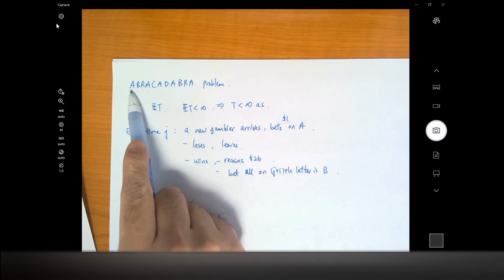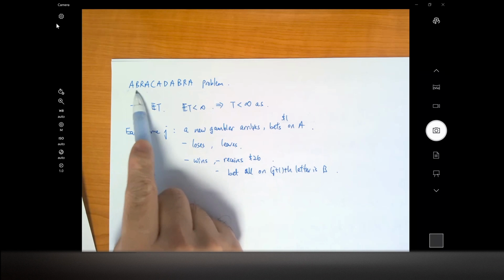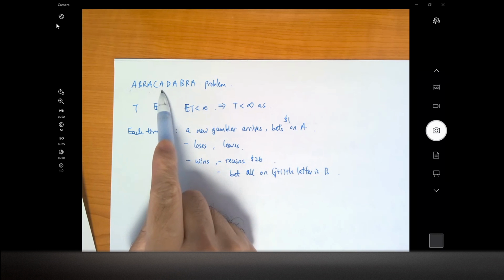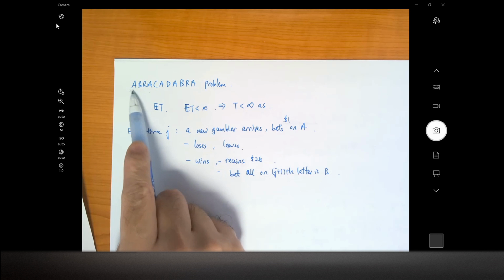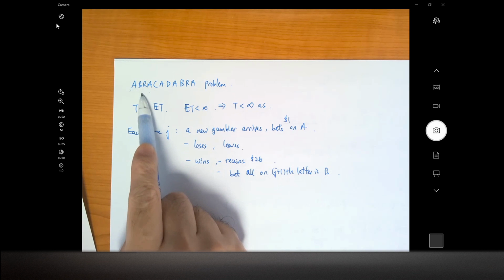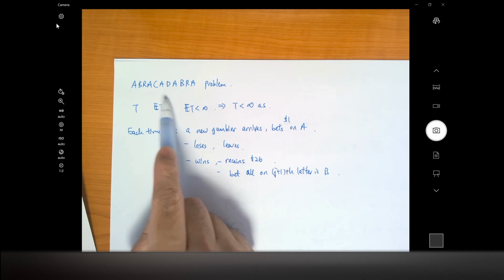He comes in, he will do the betting. If at some point he loses, he will just leave. But at each point in time, so at the next time equals 2, there's a second gambler who will come in and do the same thing all over again. So the second gambler will bet A here, B here, R here, and so on.